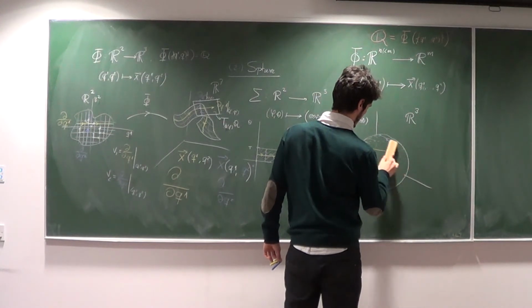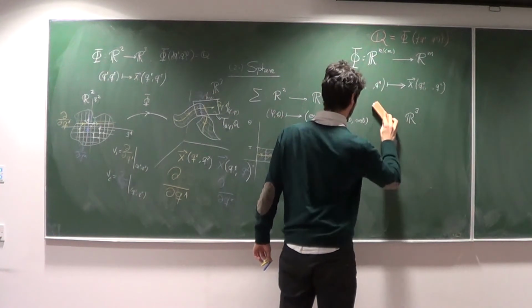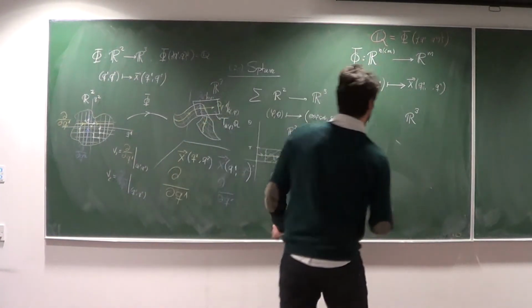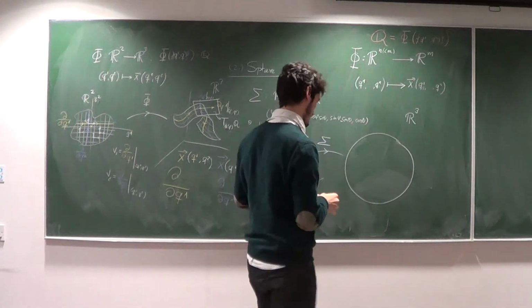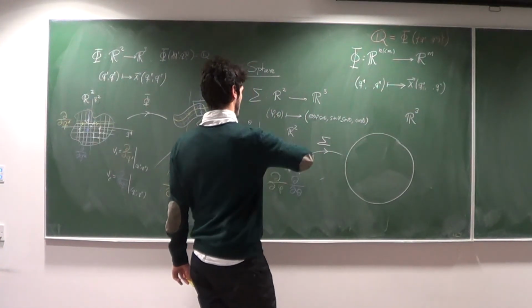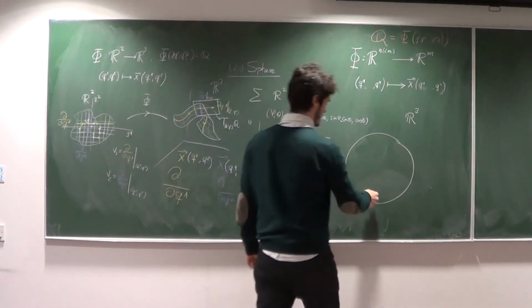Okay. A sphere, as you can very well imagine, these lines, the constant theta lines, go from the South Pole to the North Pole.